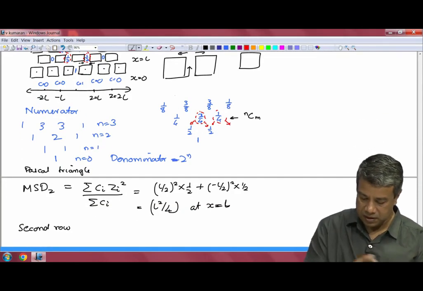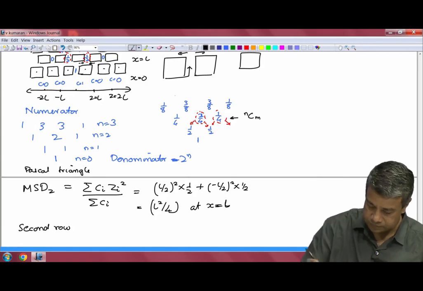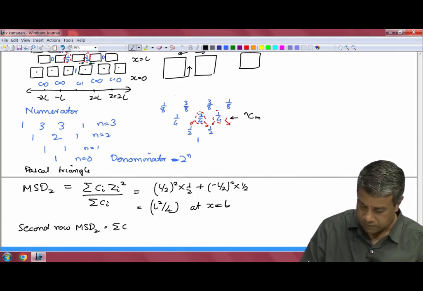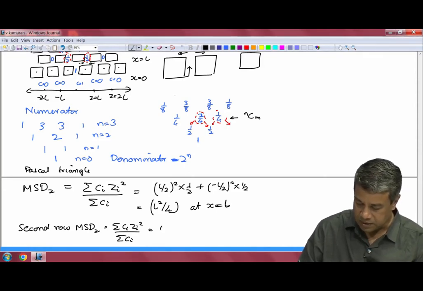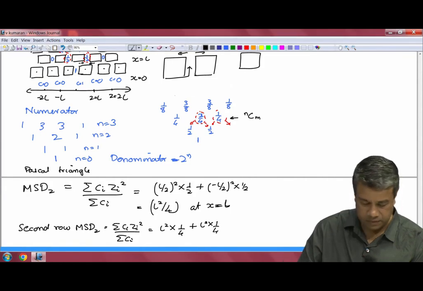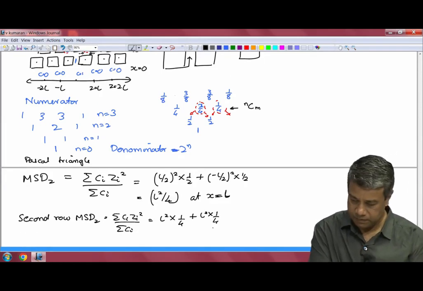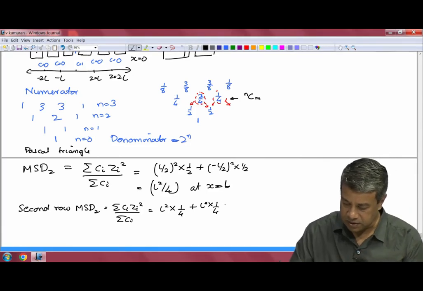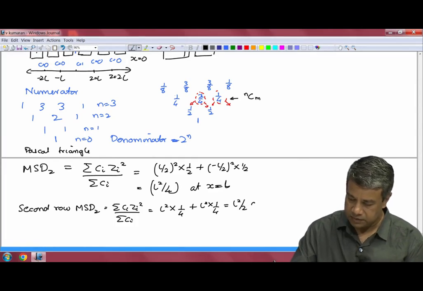So, I will get L square into 1 by 4 plus L square into 1 by 4. And this you can easily verify is equal to L square by 2, at x is equal to 2L.